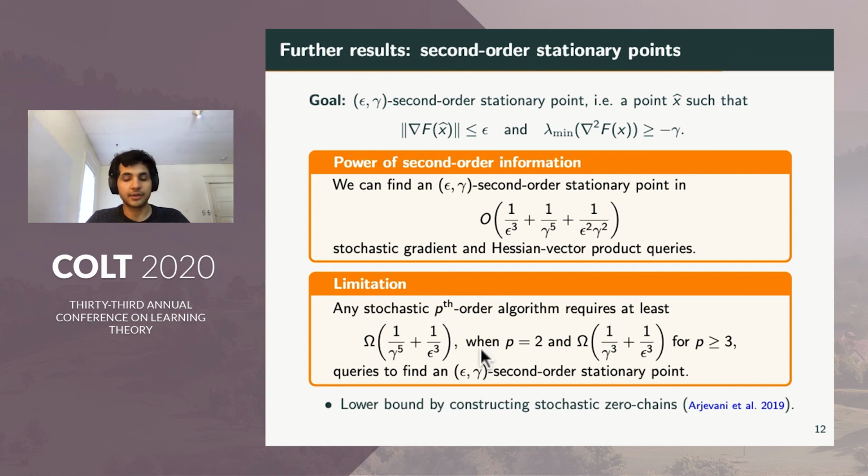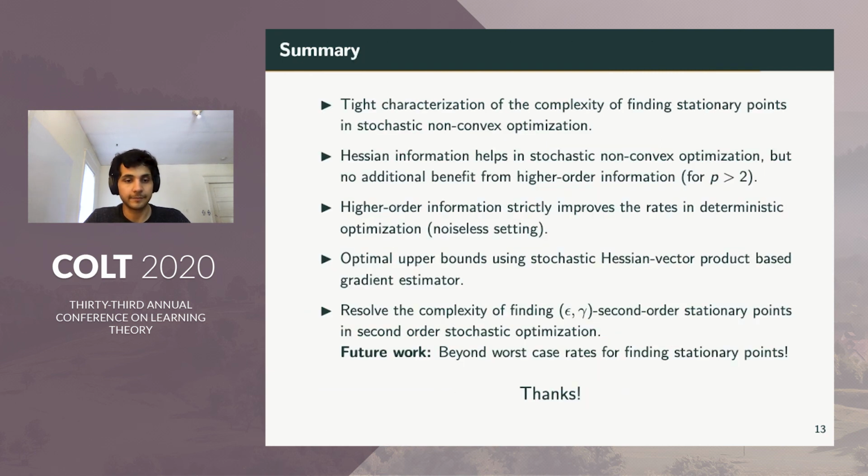Our lower bound requires new techniques and is based on the idea of stochastic zero chains introduced by Arjevani et al. in 2019. These techniques also imply new and tight lower bounds for the deterministic or noiseless setting. To summarize, we provide a tight characterization of the complexity of finding stationary points in stochastic non-convex optimization.